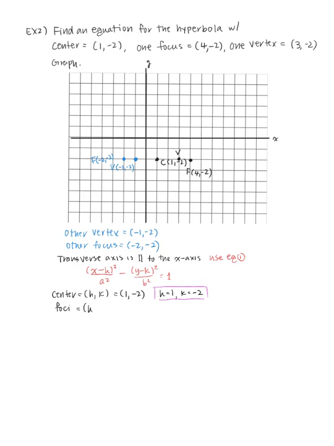The formula is (h plus or minus c, k). So this is h, which is 1, plus or minus c. Now remember, c was the distance from the center to the focus. So let me just write it. Center to focus. In this case, c is 3.